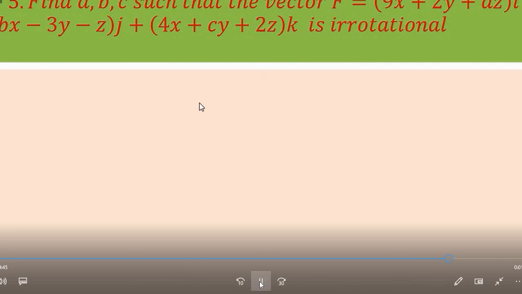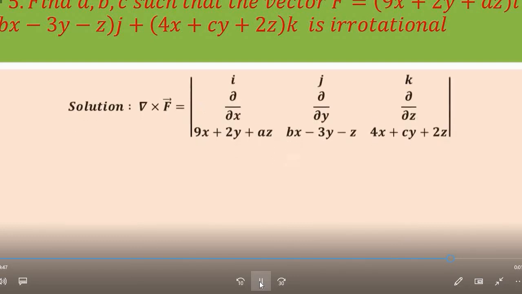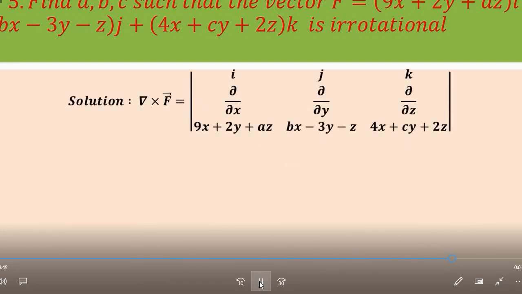See, when the given vector is irrotational, the curl of that function will be equal to 0. So first let us calculate the curl of this function, that is the determinant with i, j, k; dou by dou x, dou by dou y, dou by dou z; 9x plus 2y plus az, bx minus 3y minus z, 4x plus cy plus 2z. So let us evaluate this determinant.